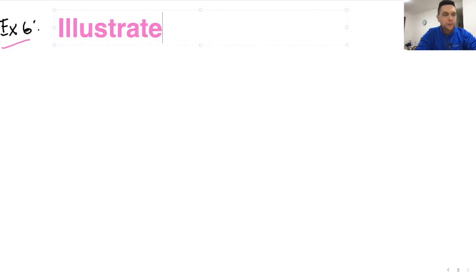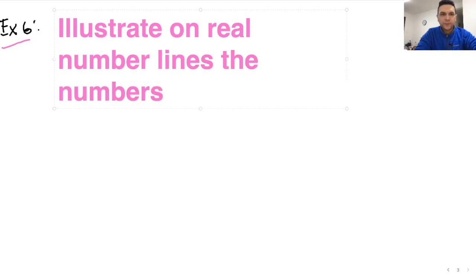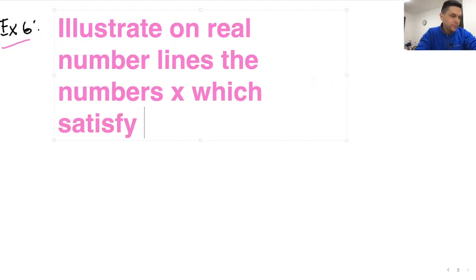Illustrate on real number lines the numbers x which satisfy each inequality.